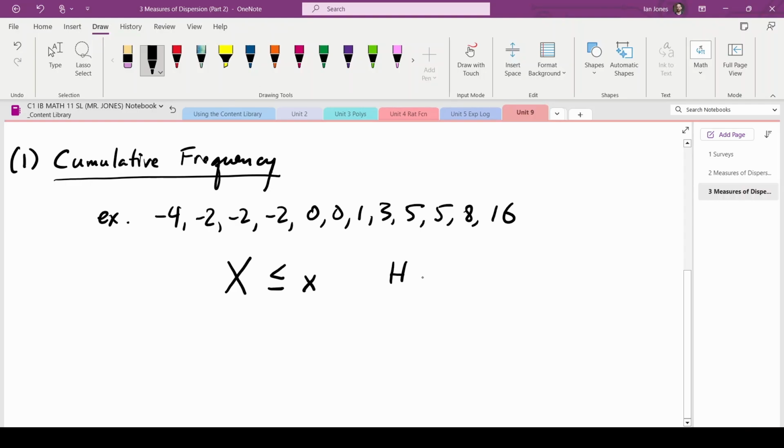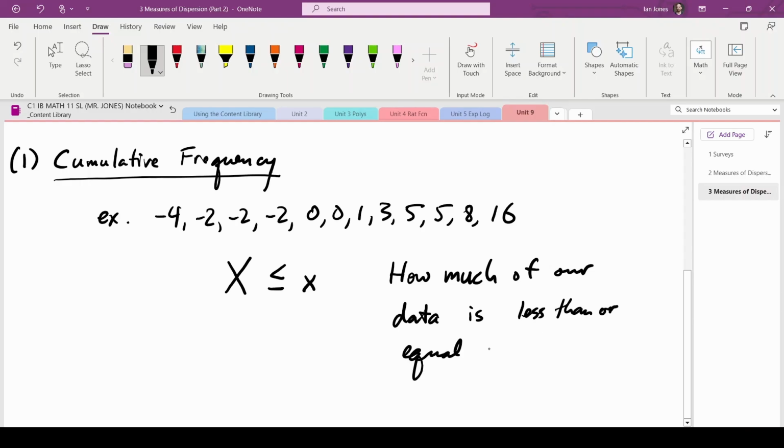So how much of our data is less than or equal to X? And we can answer that in terms of what fraction of the data.